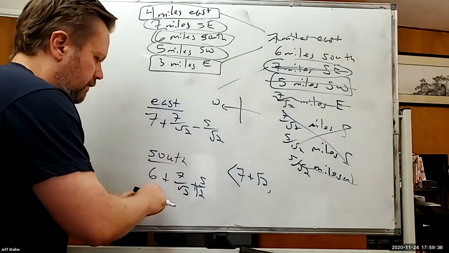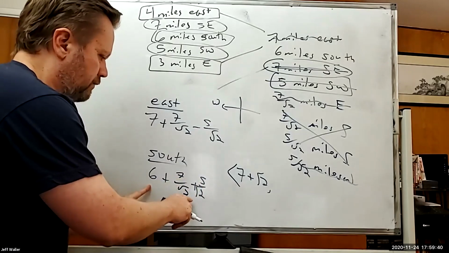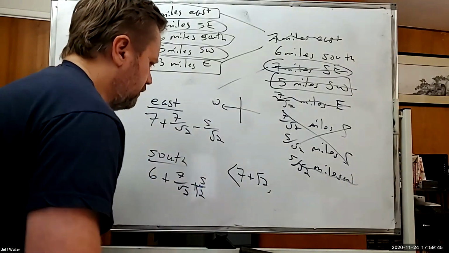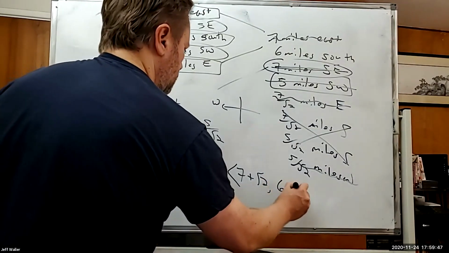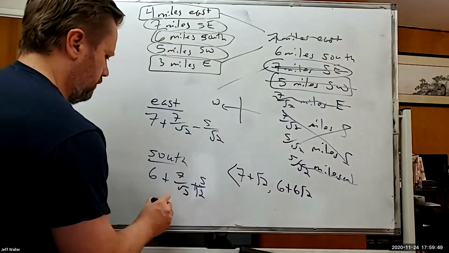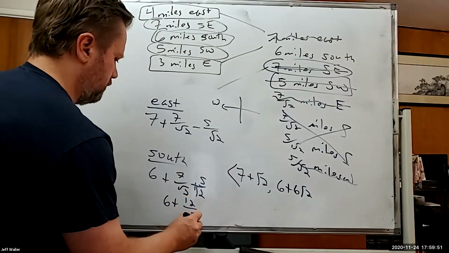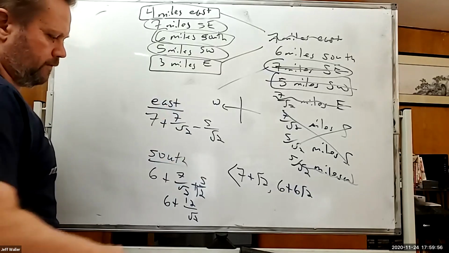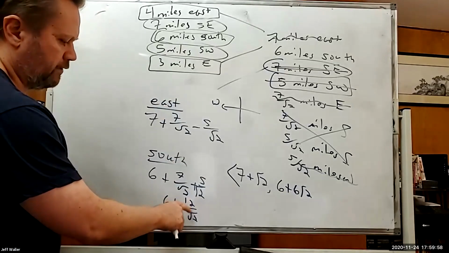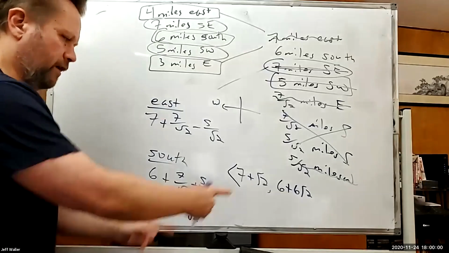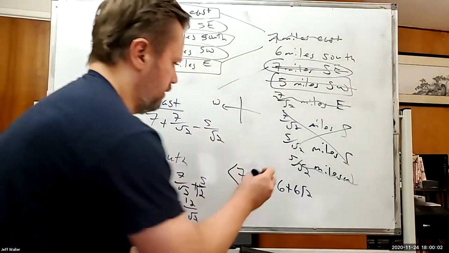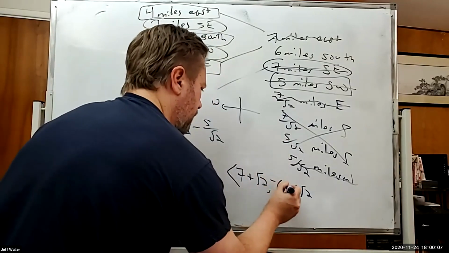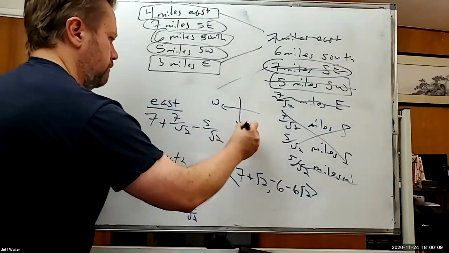So 6 plus 12 over rad 2, you could do it, Jeff, 6 plus 6 rad 2, I think it is. 6 plus 12 divided by rad 2. Okay, so this would become 6 rad 2. Now, be careful. This is going to be negative because it's going south. Is that cool?